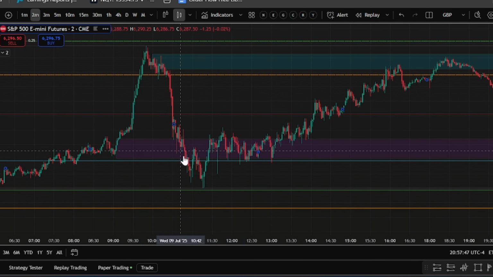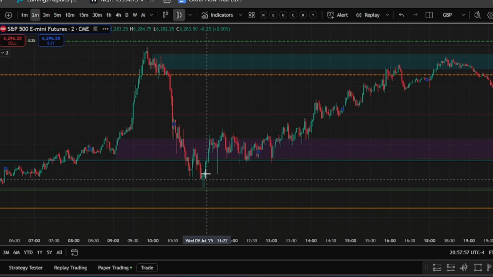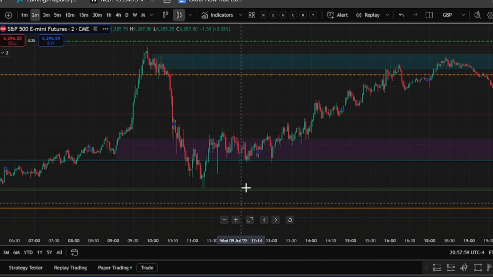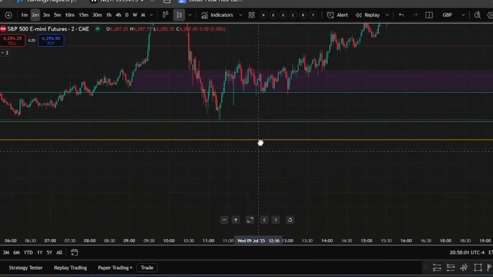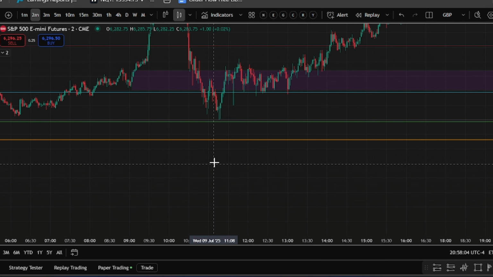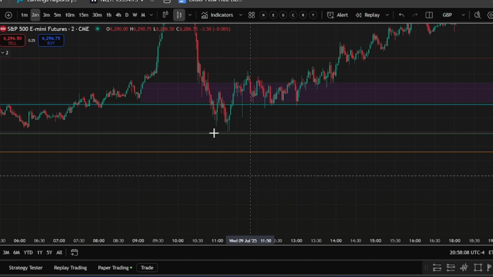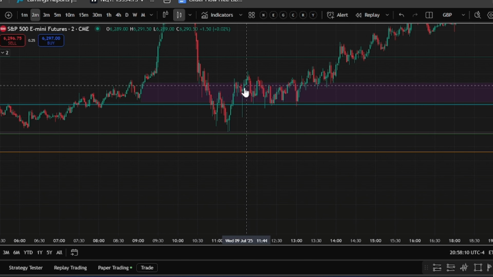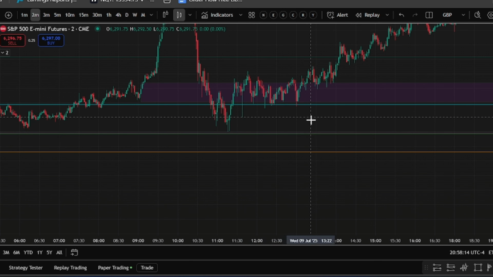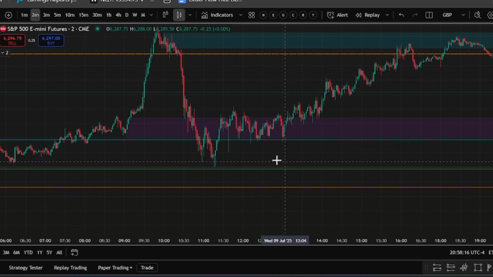You see, price came back, rejected from this level, and came back into this zone. A lot of choppiness. So long above the zone and short below the zone. Why didn't I short? Again, there were two levels below. I would have wanted these two levels to be cleared, and then there is a clear path for the price. Since price came to this level, rejected, and came back into this zone, and as I told you, this is a chop zone, you don't trade inside this zone, you will be chopped around.